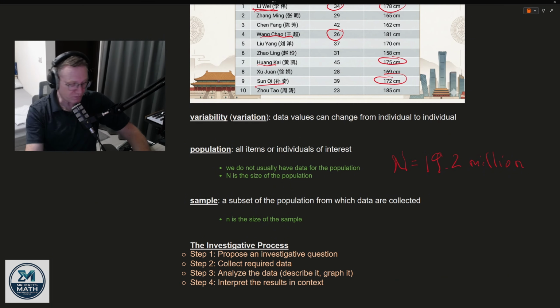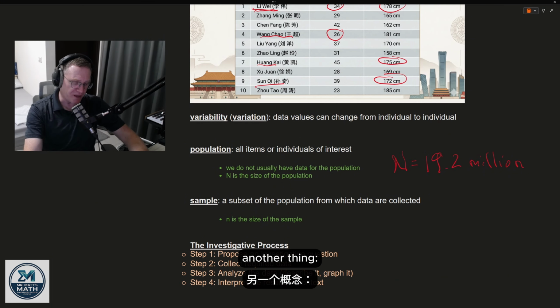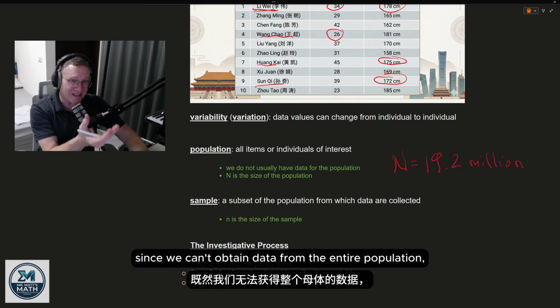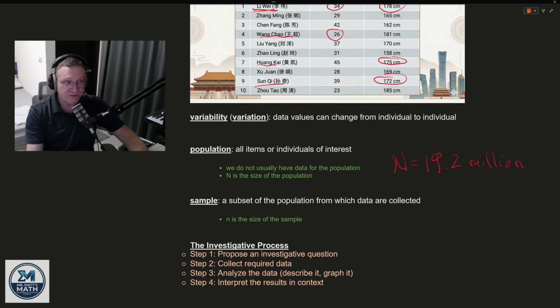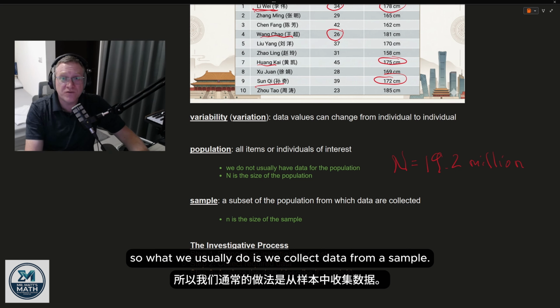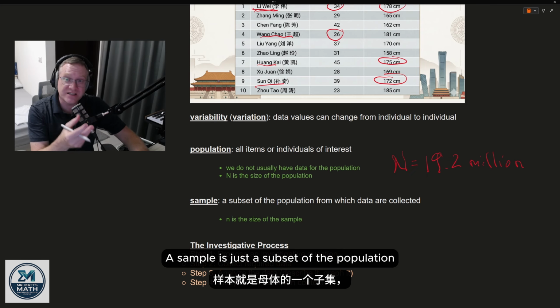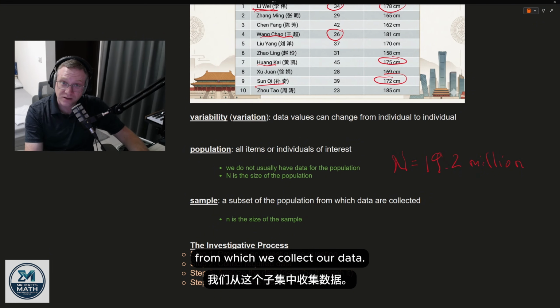Okay. Now, another thing, since we can't obtain data from the entire population, well, we need to get some data. So what we usually do is we collect data from a sample. A sample is just a subset of the population from which we collect our data.